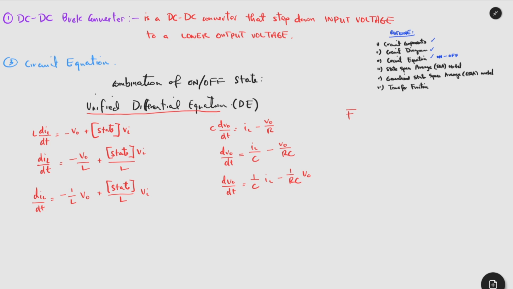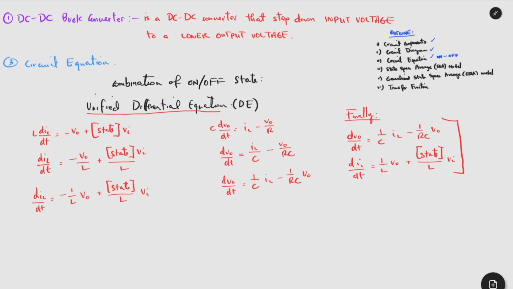So finally we now should have dV naught/dt is equal to 1 on C IL minus 1 on RC V naught, and we have dIL/dt, which is equal to 1 on L V naught plus the state over the L VI. So this is the unified combination of the on and off state using a differential equation.